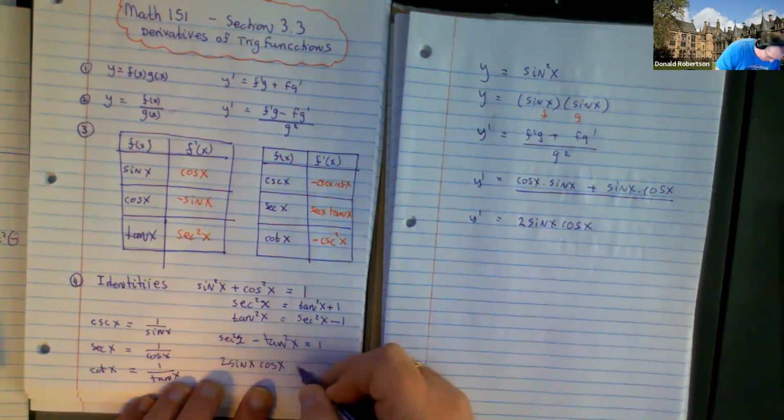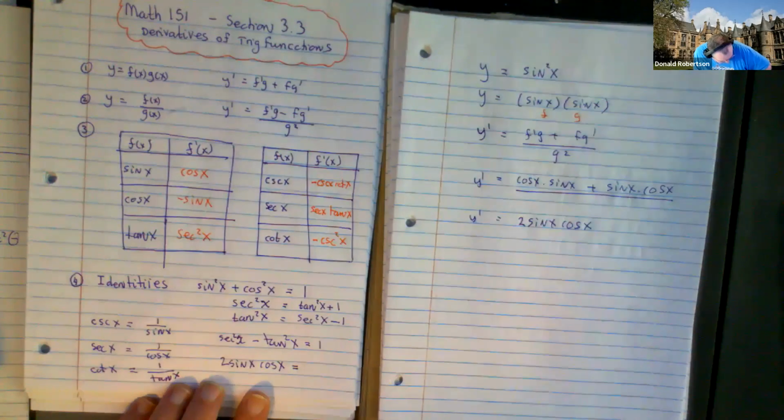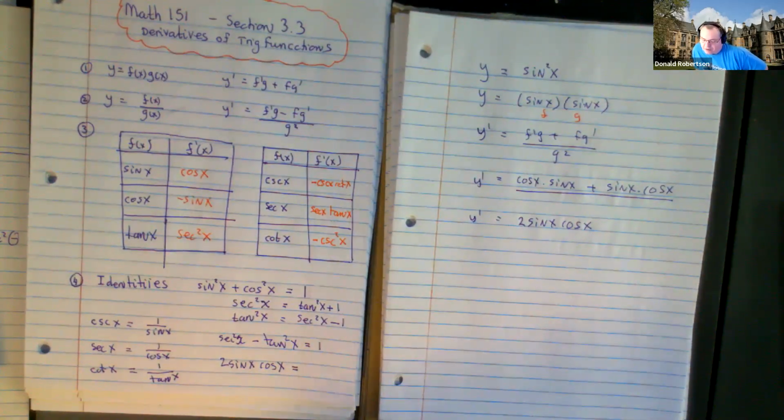I know Izzy came in, so I know you're here, Izzy. So I'm picking on you. Yes, you, sir. Ready, Izzy? That there is a trig identity, sometimes called the double angle formula. Can you remember what 2 sine x cosine x is?